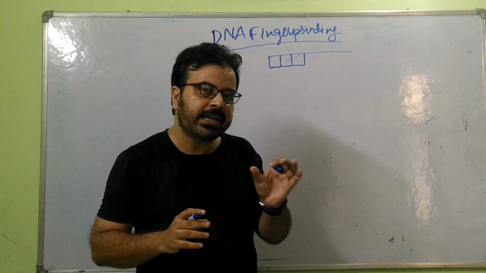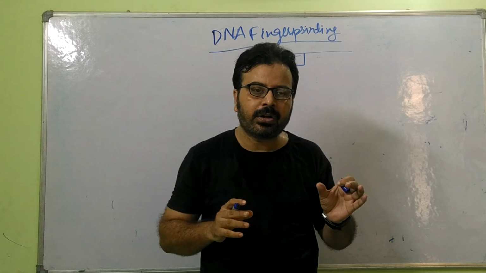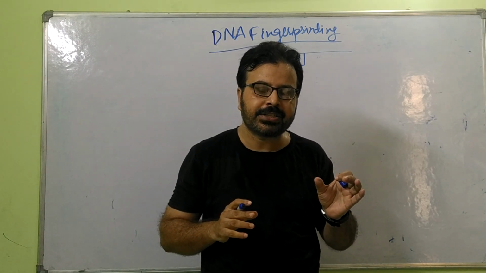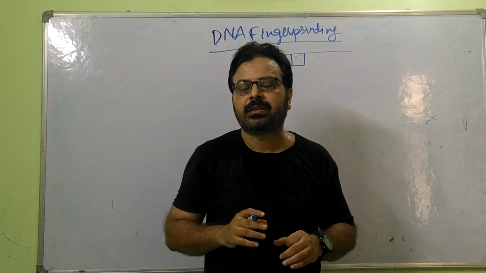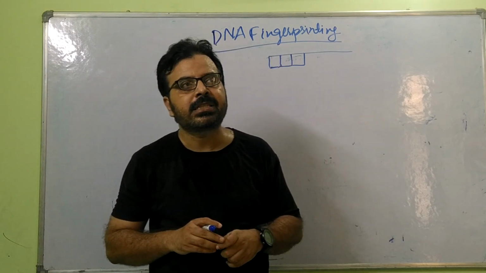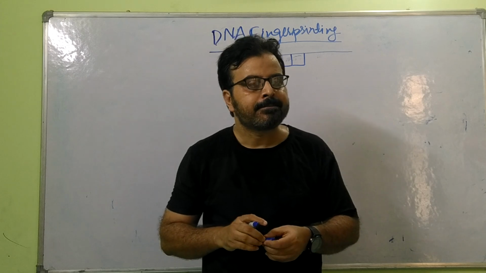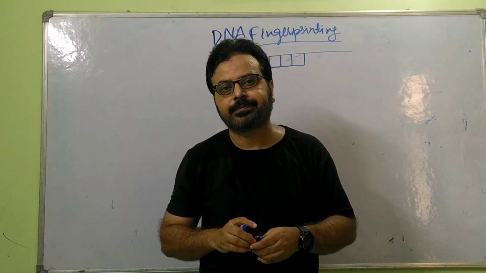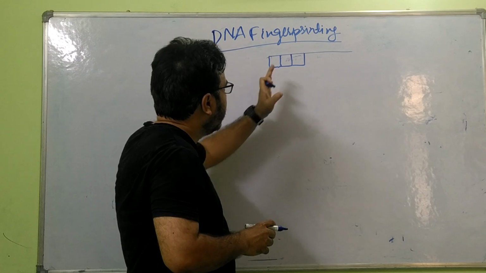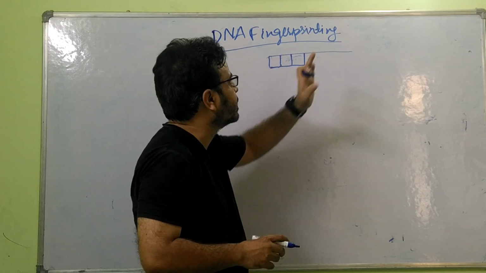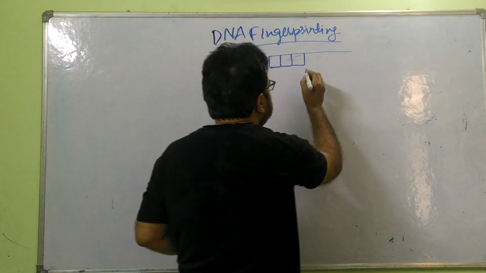AT-GC richness decides the characterization of the micro and mini satellites. The second basis is the length of segment. And third is number of repetitions. So these are the repetitions.